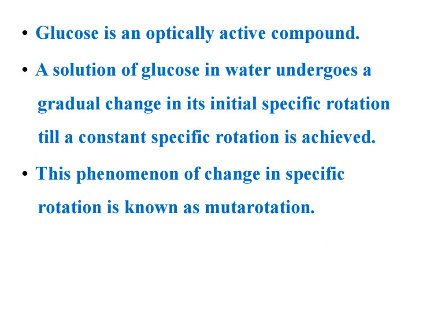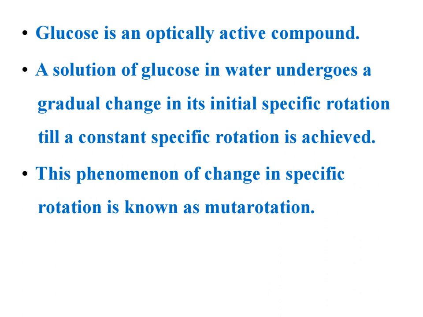It means if we take either alpha D glucose or beta D glucose, which has a specific rotation, once we dissolve it, the specific rotation gradually changes, and after some time it reaches a constant specific rotation. This phenomenon is called mutarotation of glucose.